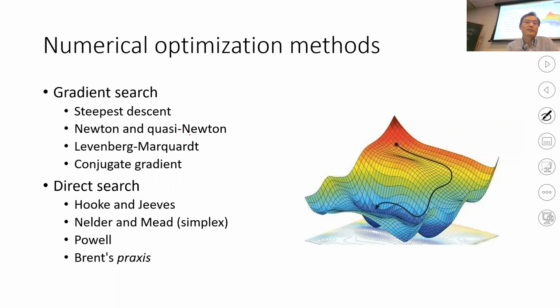Gradient descent is the most commonly used search method. It searches on the combinations of the parameter space.